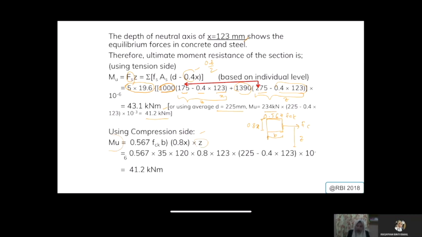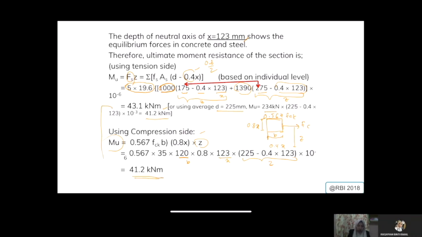So you put the values of your B and this is your X. You multiply, and then you get Z, the position of your force, which is 0.4x. This is your D minus that, and you will get it around 441.2 kilonewton meter.